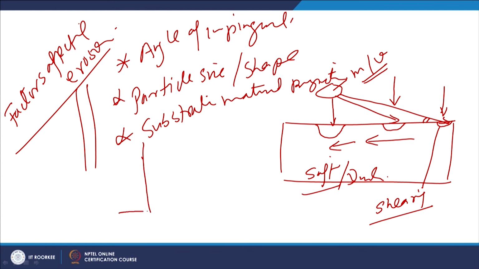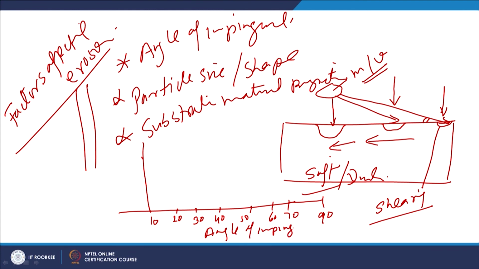So, if we see the effect of the angle of impingement for soft and ductile material, we keep on increasing the angle of impingement from 10, 20, 30, 40, 50, 60, 70 up to say 90, and here we simply write the erosive wear, which we can determine from the weight of the material before the erosion test and the weight after the erosion test.